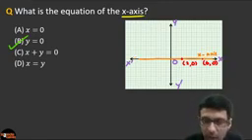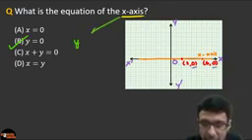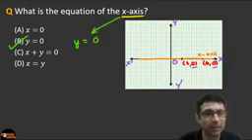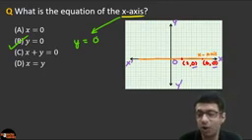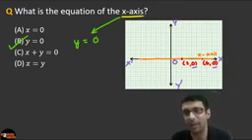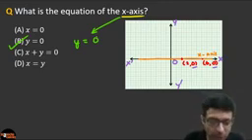The y value is always 0. So the correct answer is that the equation of the x-axis can be represented as y equal to 0. Not x equal to 0, because it has no height on y. The x value can keep on changing. x need not be 0.